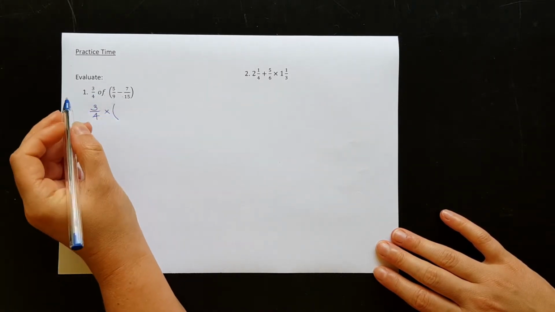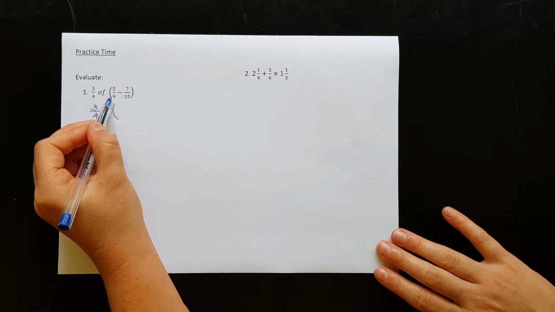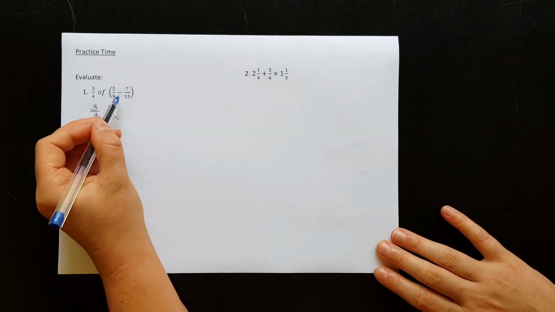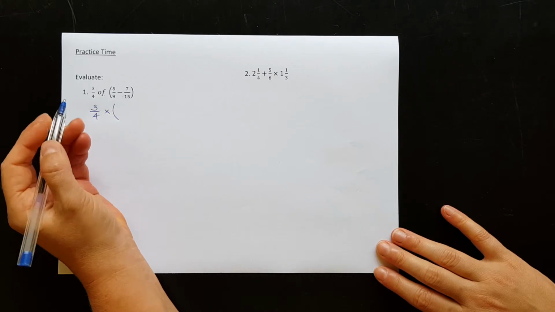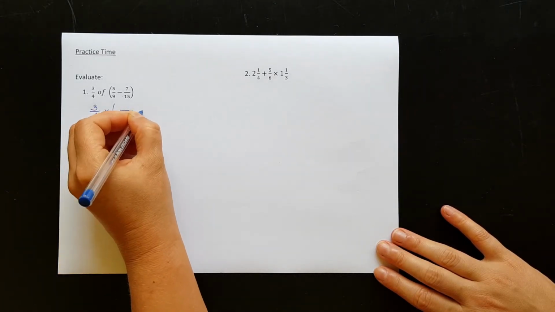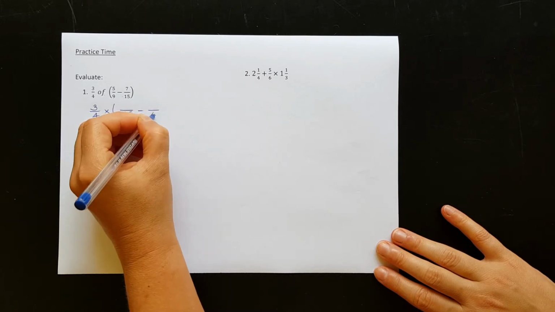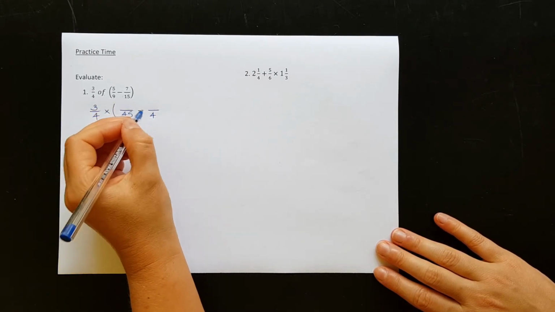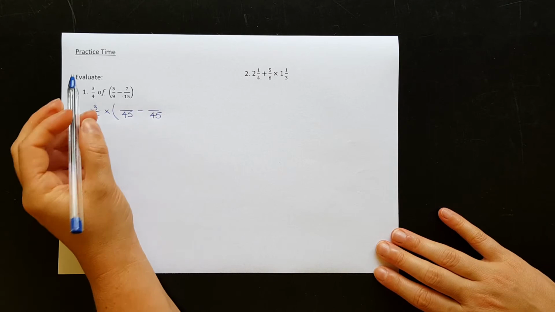And we're doing a subtraction, so we need a common denominator. So for 9 and 15, the smallest denominator we could get would be 45. Okay, you can use larger denominators, but it just makes life difficult with big numbers that you have to work with.